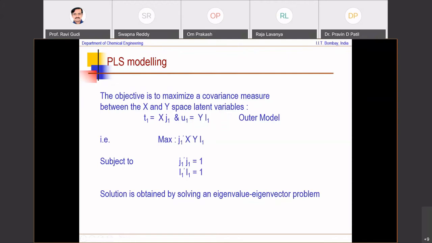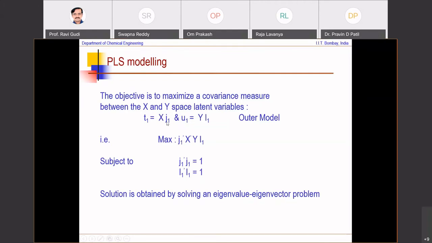In a similar manner, in PLS I construct the first score as a linear combination of the X block. I hope all of you are with me on this.